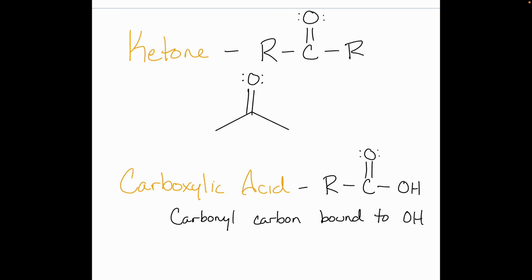Right, they get this name, carboxylic acid, because those protons are readily donatable, because that oxygen's then going to be stabilized through resonance. The conjugate base is stabilized through resonance with that carbonyl group.